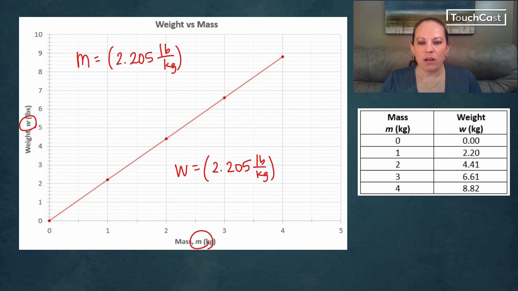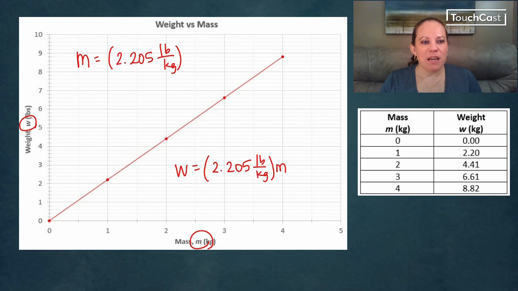And then we will multiply that by the symbol for our independent variable, m, for mass. So this relationship is saying the weight of an object is equal to 2.205 pounds for every kilogram multiplied by the mass of the object.